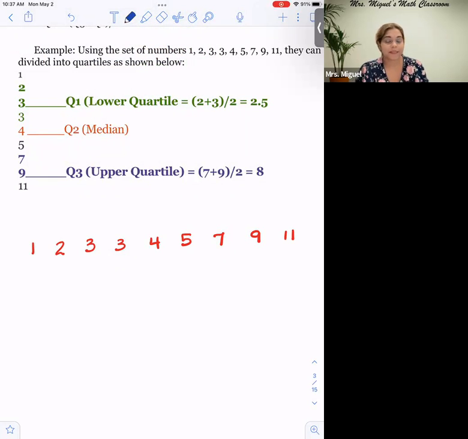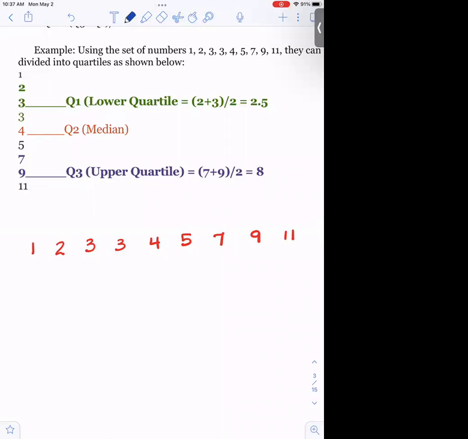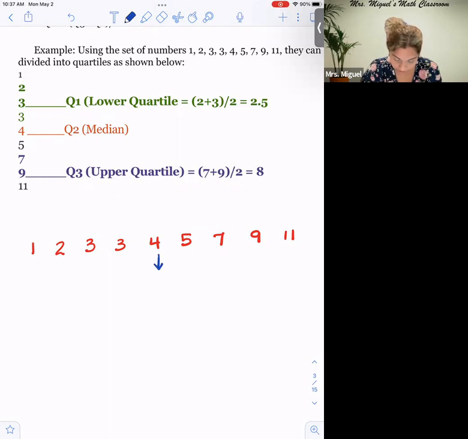Do you all have the numbers written in a straight line? All right, so we identified 4 as the median. So write that, and underneath that, write Q2.